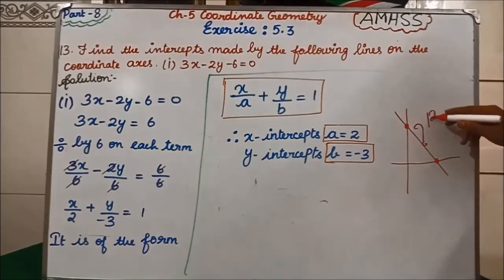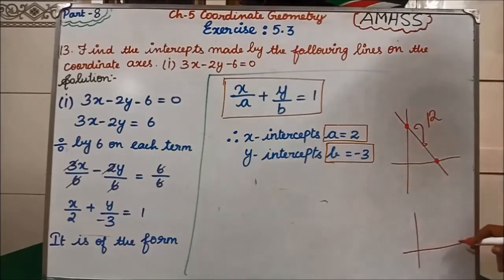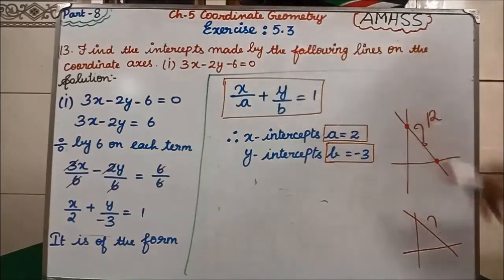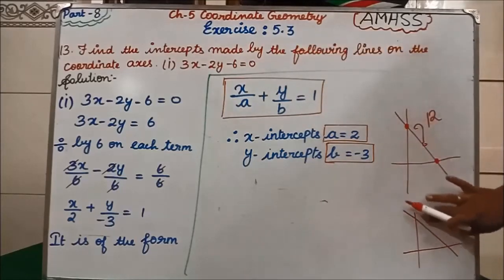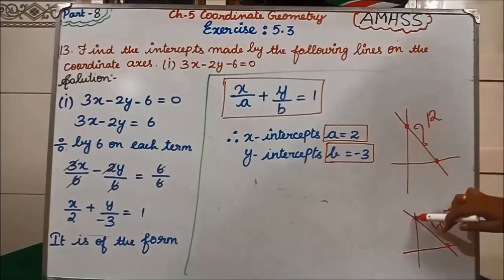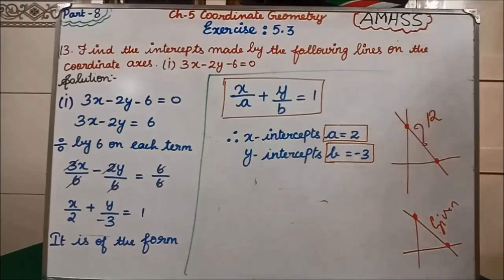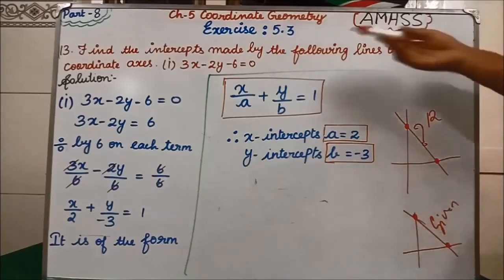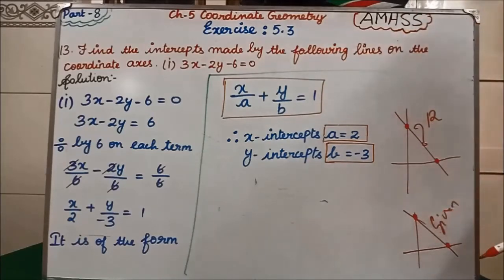But in the 13th question, the equation is given. We have to find what is the x intercept and what is the y intercept. Clear? Can you understand what I am saying?